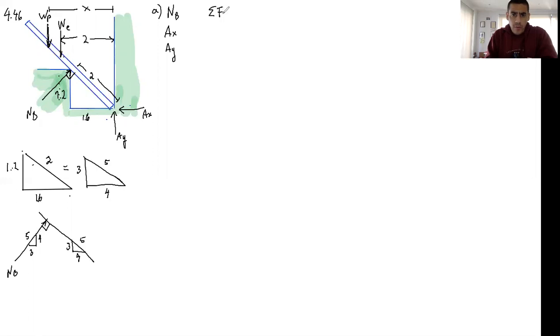I'm gonna do force at x equals to 0, and this will give me minus AX plus something about NB, not the whole deal, but something. And I already have prepared, just to save some time, some of the triangles that I need. I can know from the stair that I have this triangle, and since this NB should be perpendicular to the stair, therefore you need to change something.